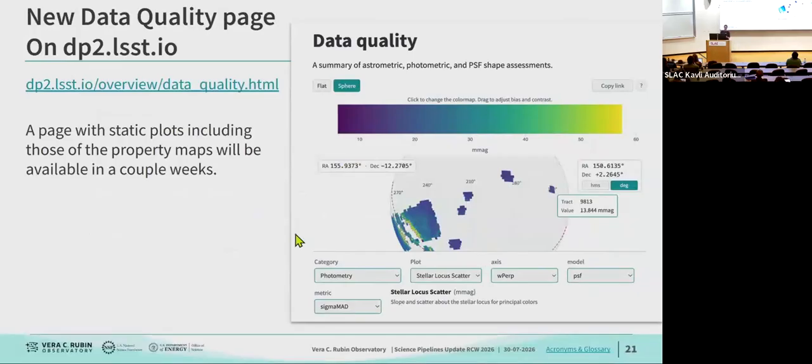This is going to be beefed up over the next couple weeks with static plots that you can download. We're also going to try to do a full accounting of the data IDs that went into the processing and ultimately came out of the processing. So if you notice that a data product is missing, you can go look it up on that list and see if it was expected or not.